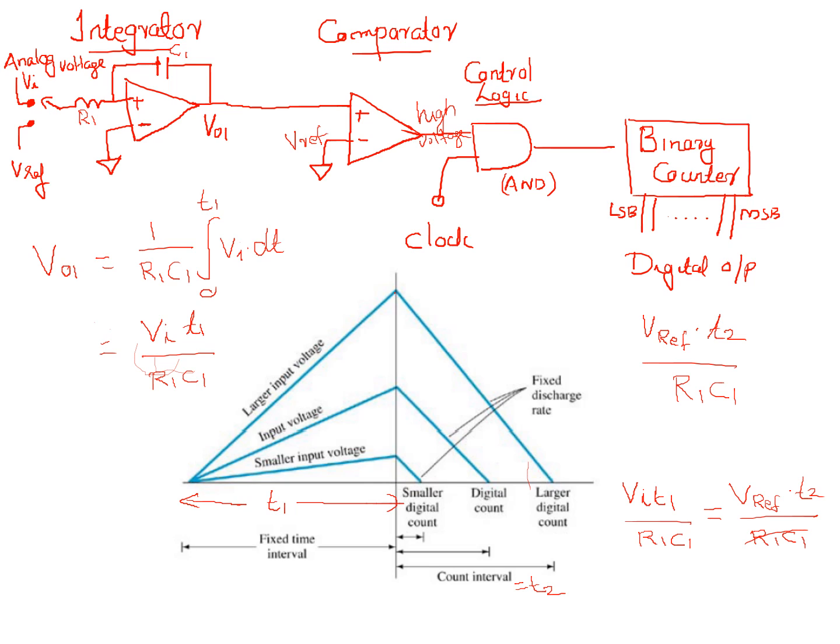See, R1 C1 on both sides I am cancelling. So VI T1 should be equal to V reference into T2, or I can write T2 is equal to VI divided by V reference multiplied by T1. So T2 is the analog voltage VI divided by V reference, into T1.